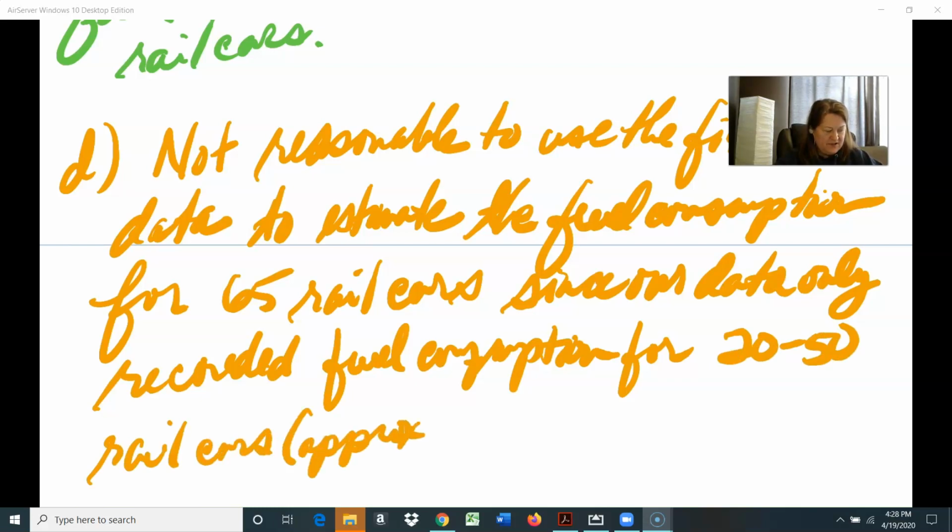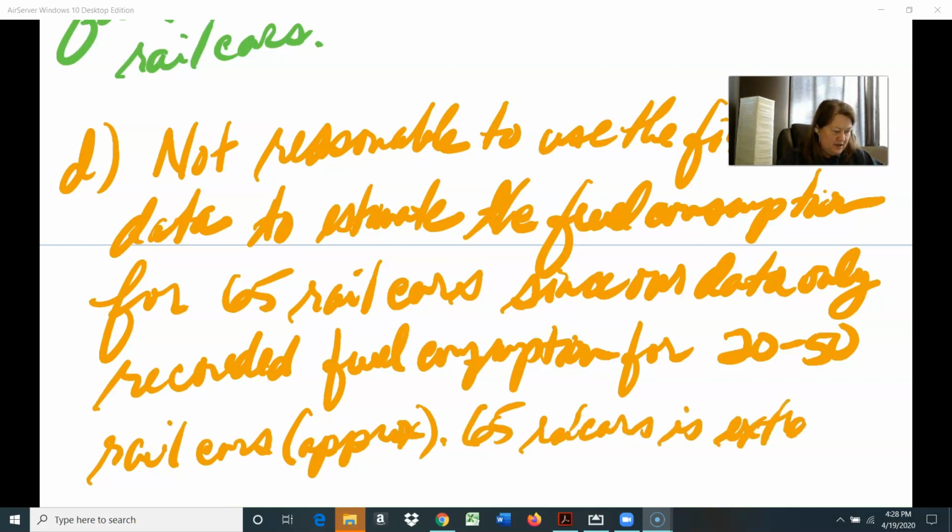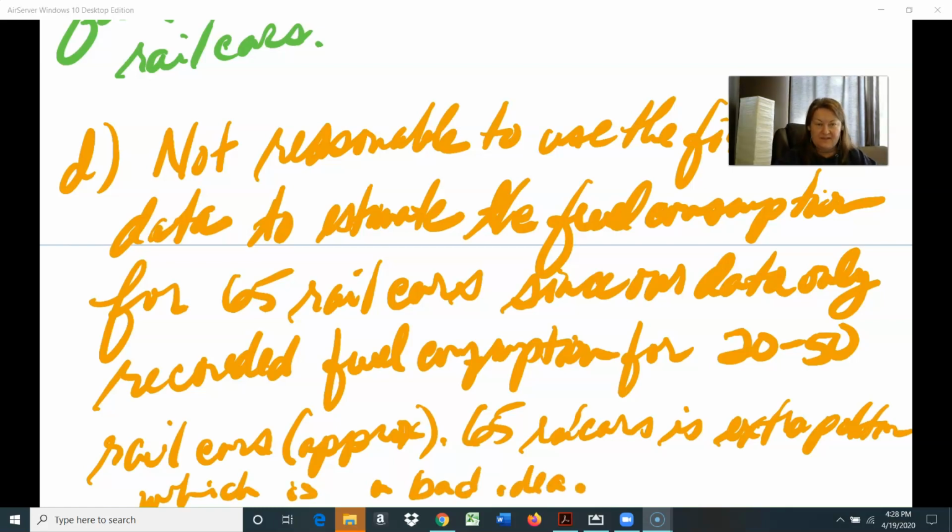I didn't actually check 20 and 50, so I'm going to say approximately. 65 rail cars is extrapolation, which is a bad idea. Cool? Okay, so something like that.